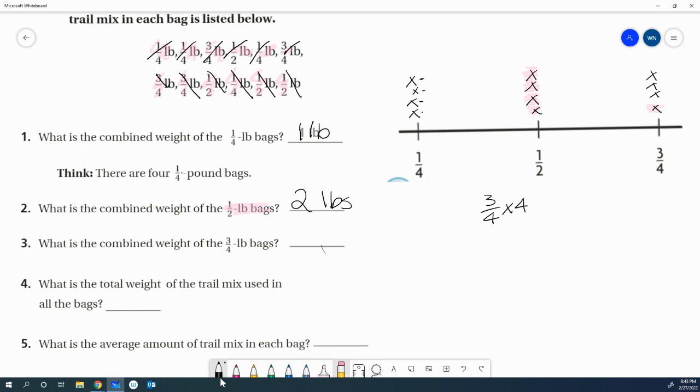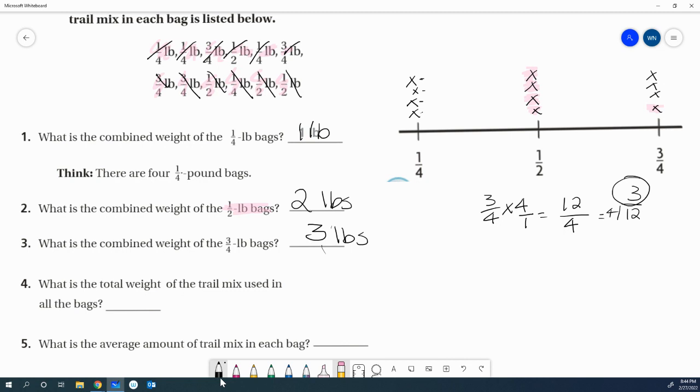And remember, when we multiply by a whole number, we're going to add a 1 underneath. 3 times 4 is 12. 4 times 1 is 4. I know that 12 divided by 4, it's not just a fraction, it's also a division problem. 12 divided by 4 is 3. So I know that 3/4 times 4 would give me 3 pounds.